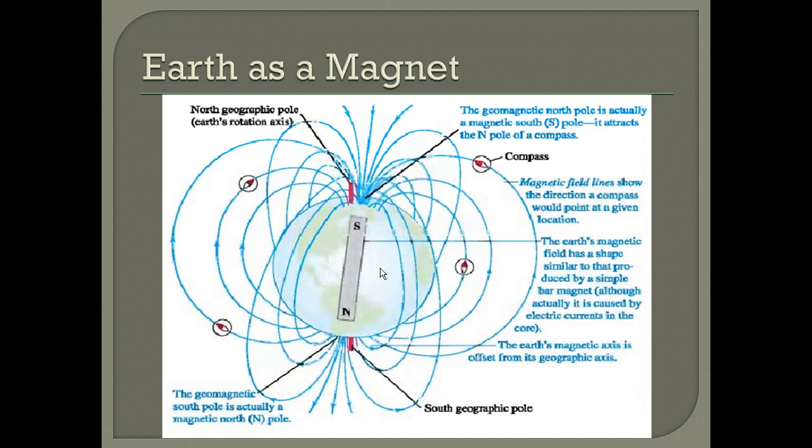If you are familiar with the idea of a magnet, the compass needle of a compass always points towards the north direction, or the north geographic pole. But virtually anywhere in the globe, whether you're in the northern hemisphere of the Earth or in the southern hemisphere of the Earth, the compass needle always points towards the north.